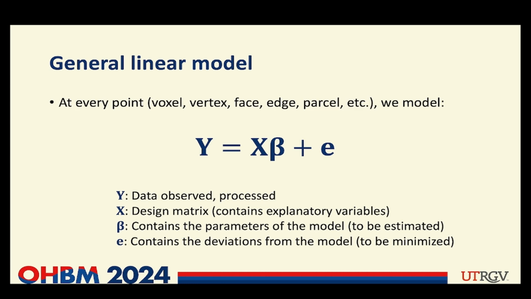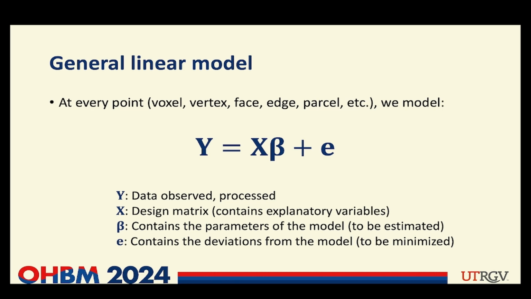So the simplest way, the most prototypical way, is using the general linear model. In the general linear model, we start with measurements that we obtain for every participant, and we model those responses using a matrix that contains the effects we are interested in.